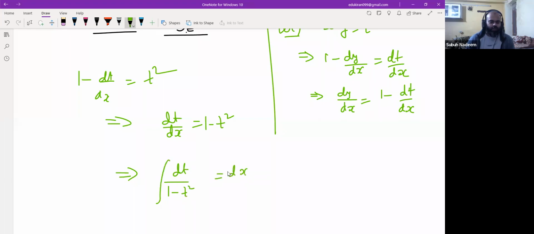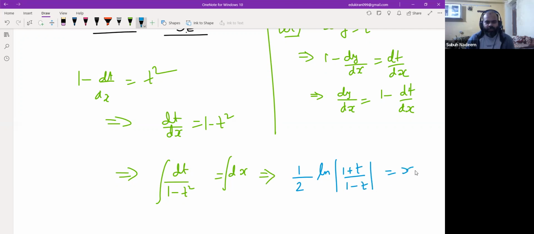Now, when you integrate both the sides, if you remember the formula of dx by (a square minus x square) that we did in indefinite integration, it is 1 by 2a log of (a plus x) by (a minus x). This was the formula.